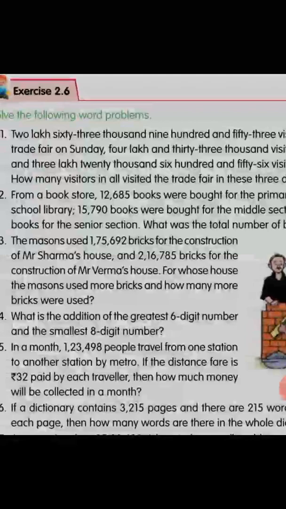So the mason is constructing two persons' houses and using bricks. For whose house did the mason use more bricks? You need to find on whose house the mason used more bricks.